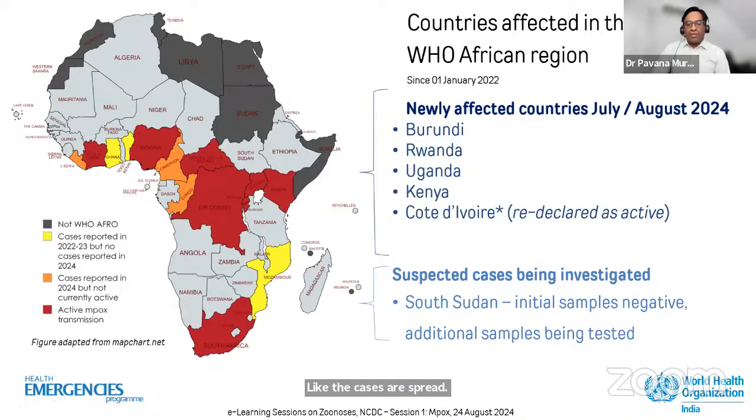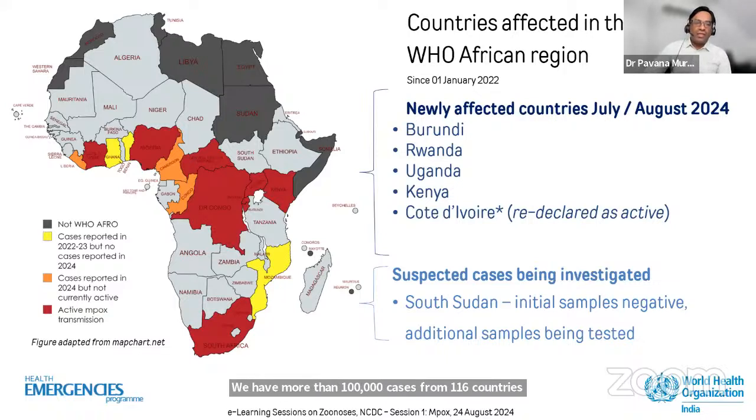What we know is that clade 1B, the new one, causes more severe disease and also causes death. In the world, we have more than 100,000 cases from 116 countries.